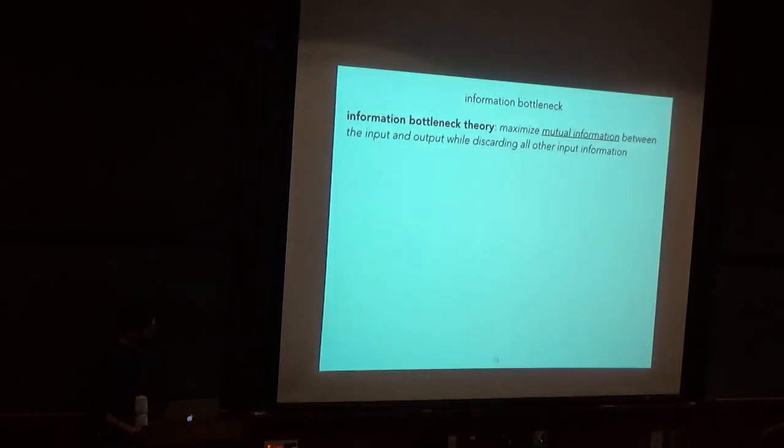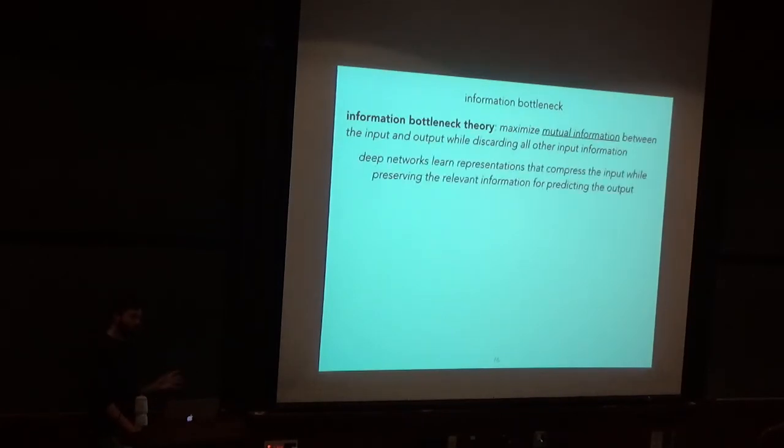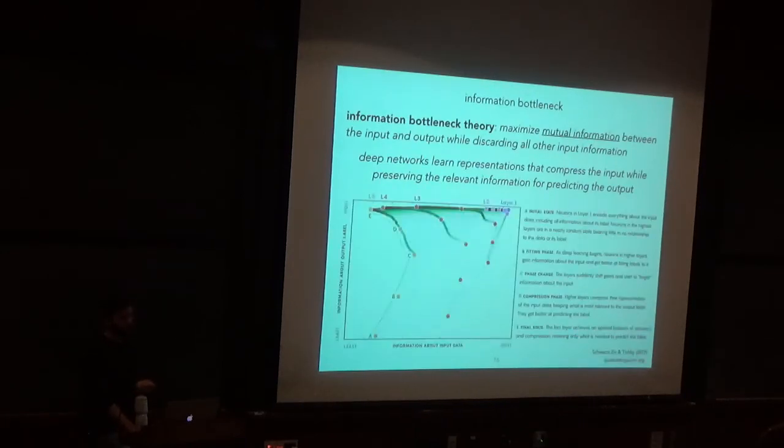And briefly, I'll just get into this idea of the information bottleneck theory. There are not too many real theories of deep learning. One of the theories out there is this one of the information bottleneck, where what your network is trying to do is maximize the mutual information between the input and the output while discarding all other information. So you can think of these deep networks as trying to preserve this relevant information.